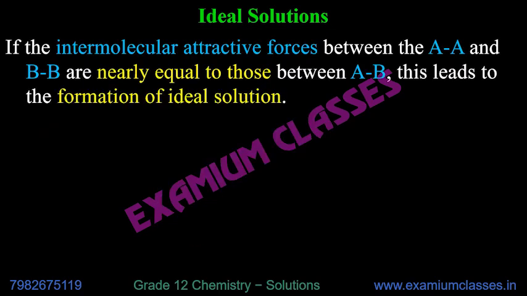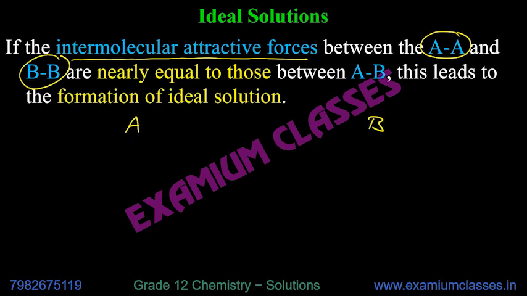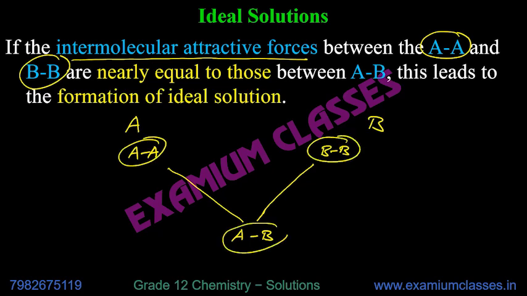In an ideal solution, what are the other characteristics? The intermolecular attractive forces between AA and BB, as we are mixing A and B. In liquid A, one molecule of A will have a force of attraction with another molecule of A. In liquid B, one molecule of B will have a force of attraction with another molecule of B. When they form the solution, there must be a force of attraction between the molecule of liquid A and the molecule of liquid B. In the ideal case, these forces of attraction will be equal or nearly equal.